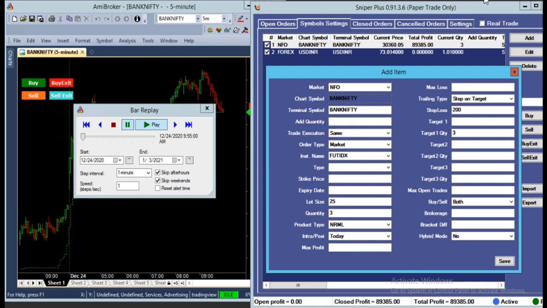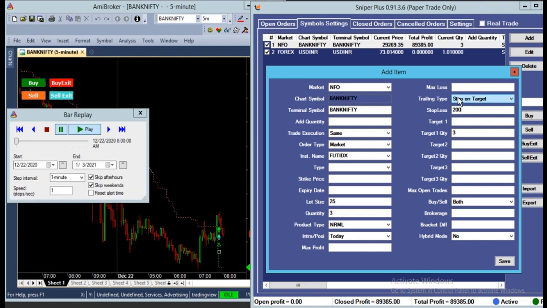The fourth type is step on target. Let me explain with an example. Target 1 is 100, and target 1 quantity is 1. We can change this to a percentage also, like 10%. Let us keep 100 only.